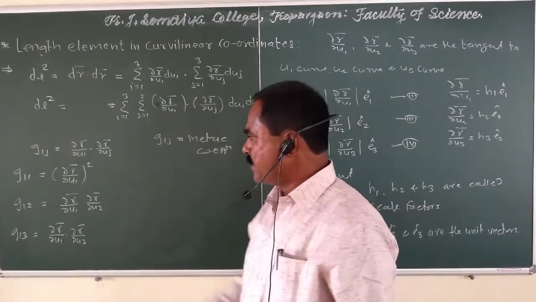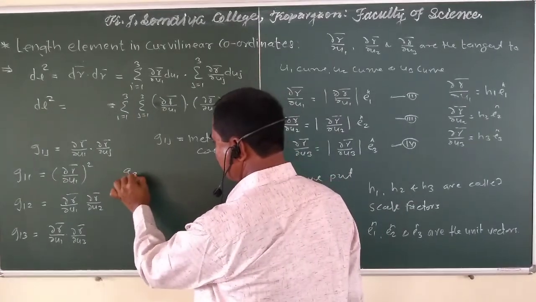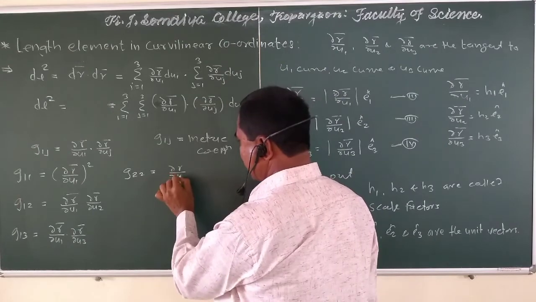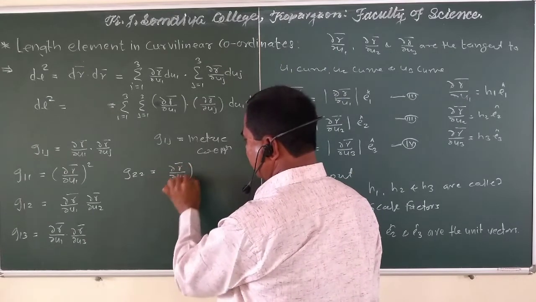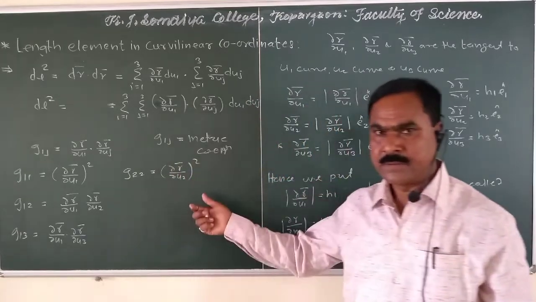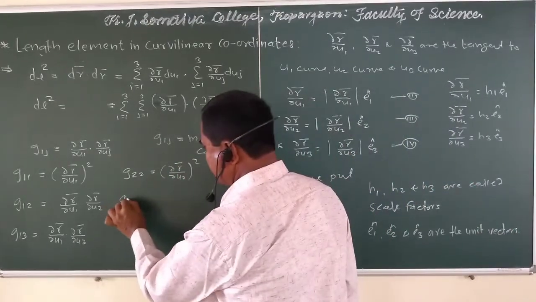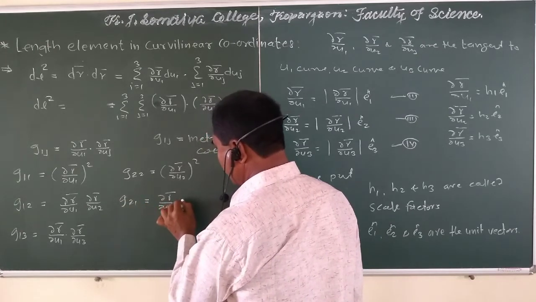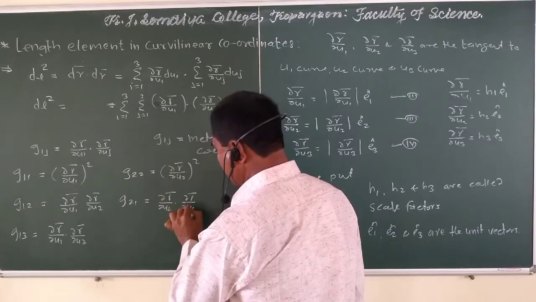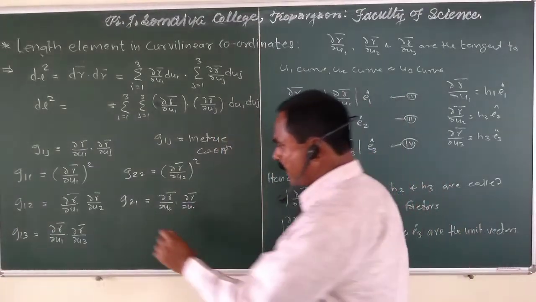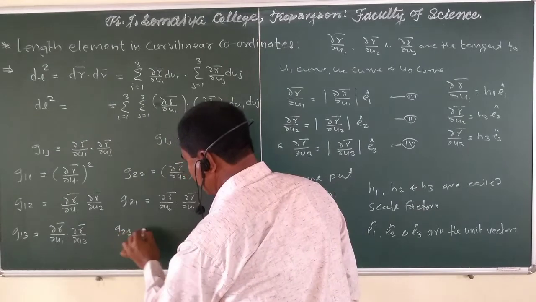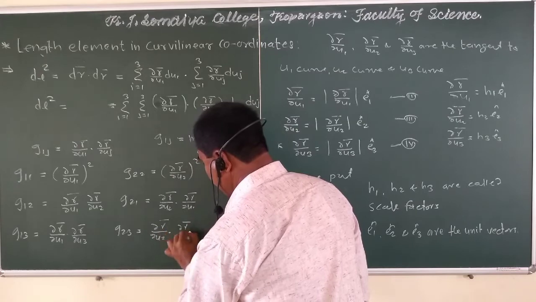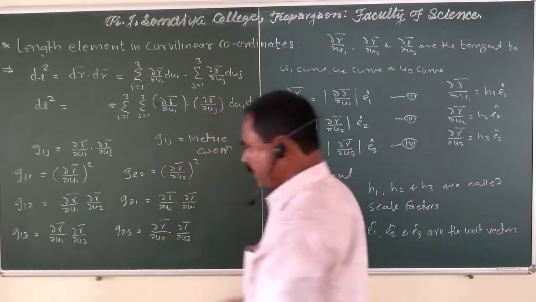Similarly, we write g22 equal to (∂r/∂u2) squared, right? Then g21 equal to ∂r/∂u2 · ∂r/∂u1, and g23 equal to ∂r/∂u2 · ∂r/∂u3.